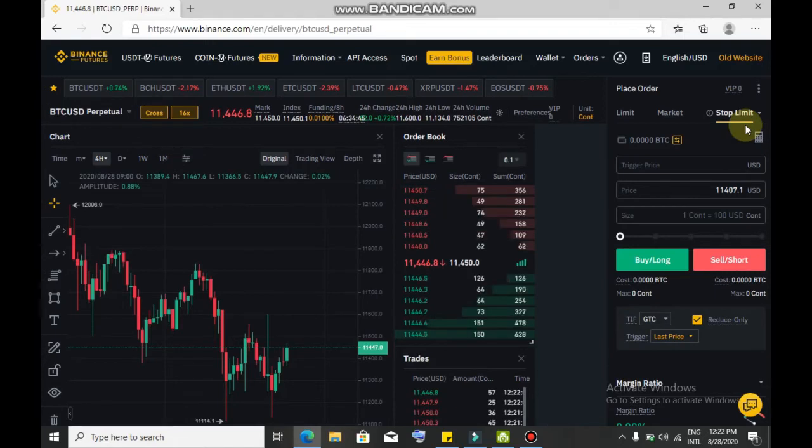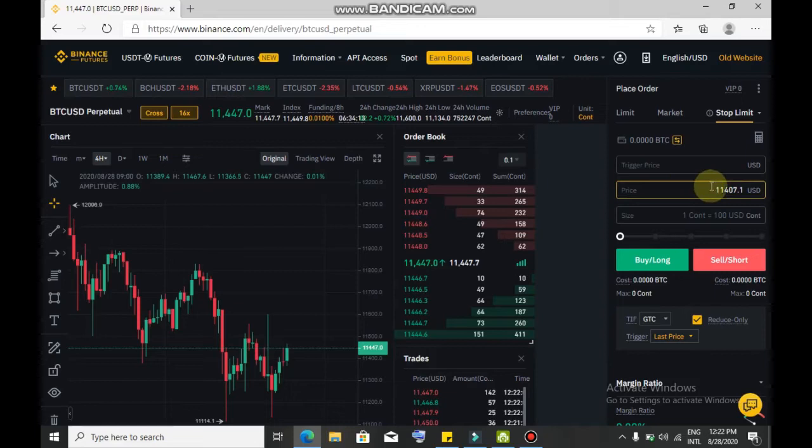Now you see stop limit has what we call trigger price and price. This is a more complex order type in Binance futures, because it makes use of stop and limit. So you have the stop price and the limit, so it's like two orders in one. The stop price, which is also called the trigger price, is the price at which your order will be triggered.